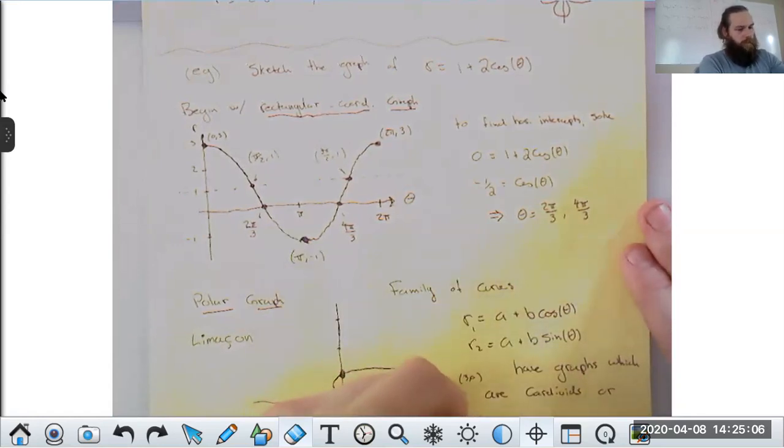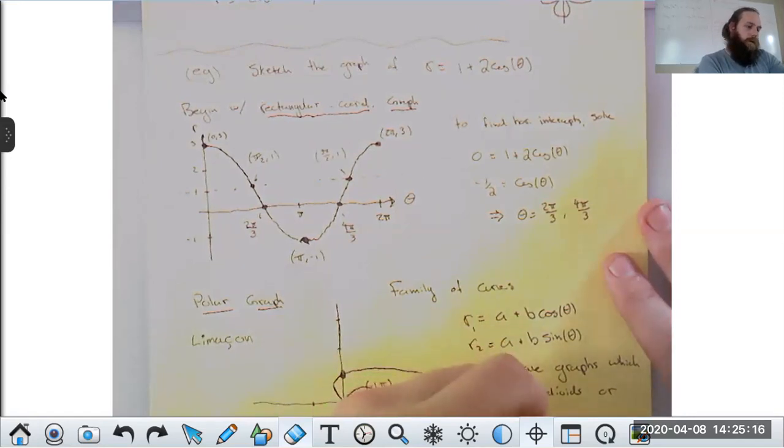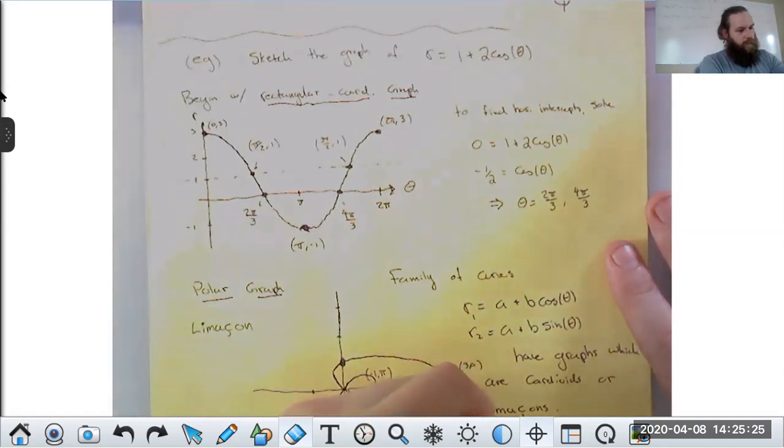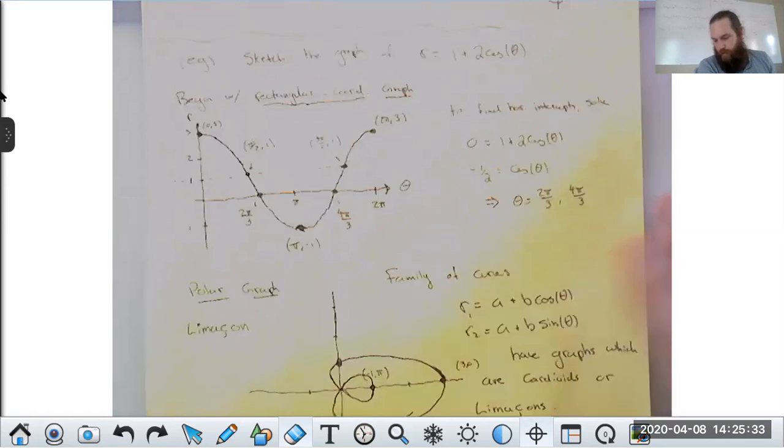If A is larger than B, really greater than or equal to B, cardioid. And if A is strictly less than B, then you'll get a limaçon with that little loop.